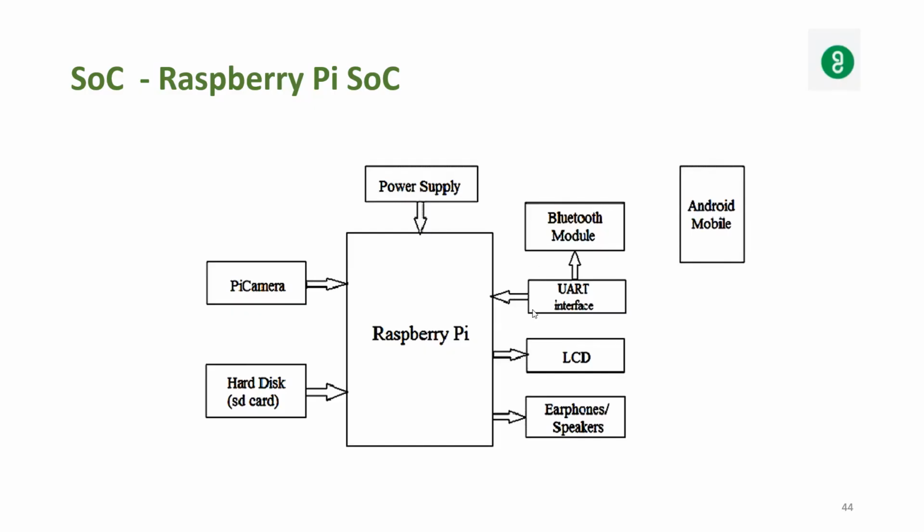Through the UART interface, it connects with a Bluetooth module. You can connect an LCD module along with Raspberry Pi. You can even connect earphones and a speaker to Raspberry Pi.